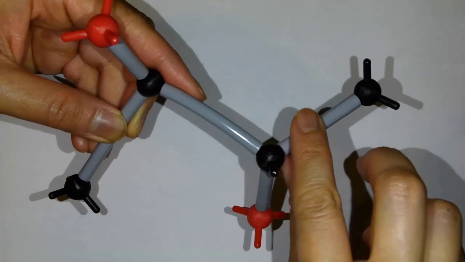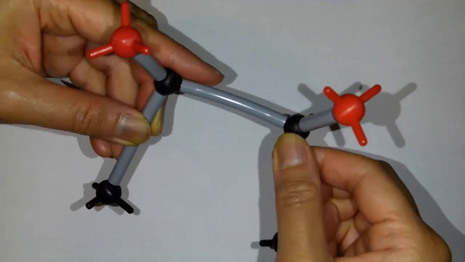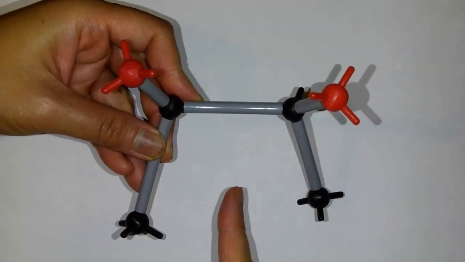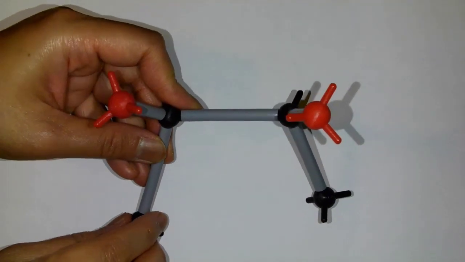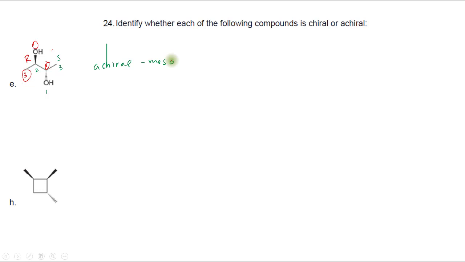And if I rotate this around, so I'm just turning the carbon, I'm not disconnecting anything, I now have this. So we can see here that this axis mirrors the other, one half mirrors the other half. So this one is achiral, this is a meso compound. And this structure here, there's no way that we can draw it to have a mirror plane, so this one is chiral.